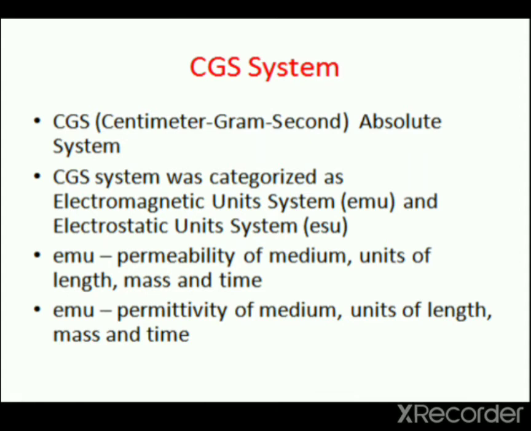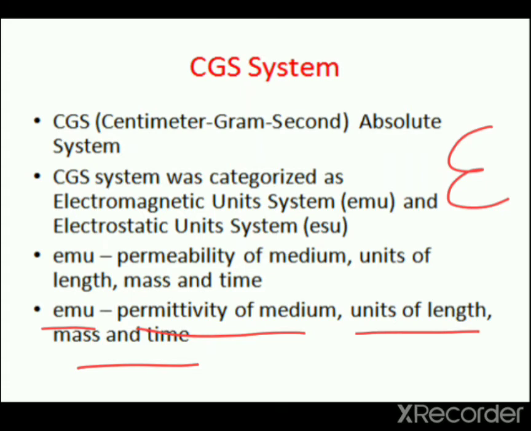Second is the electrostatic unit system. Similar to the electromagnetic unit system, in this system also the units of four physical quantities are involved, such as permittivity of the medium, denoted by epsilon, and the units of length, mass, and time.